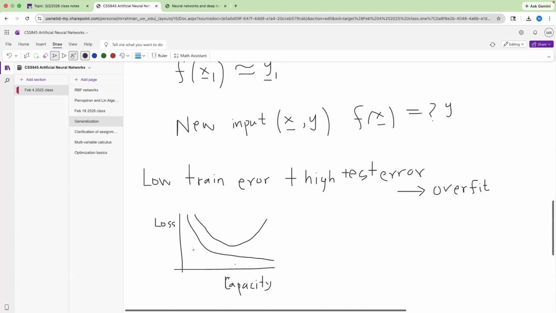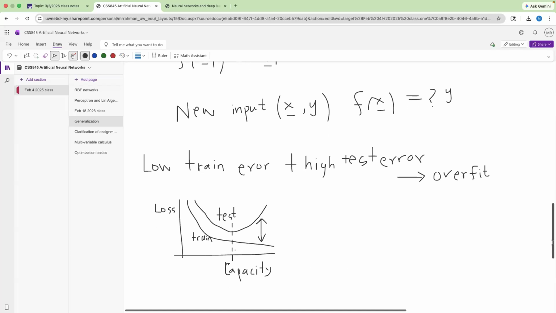The loss that keeps going down is typically the train loss, and the loss that goes down and then goes up is the test loss, right? So you have this kind of threshold region, and on the x-axis I'm plotting capacity, or size of the neural network.